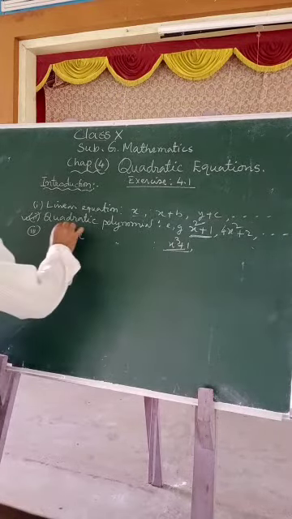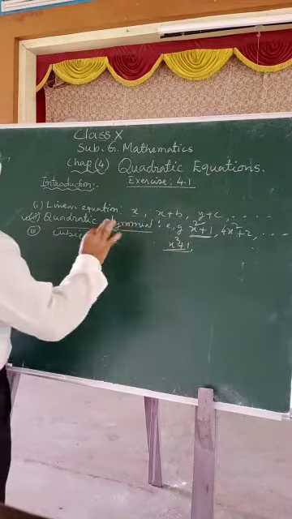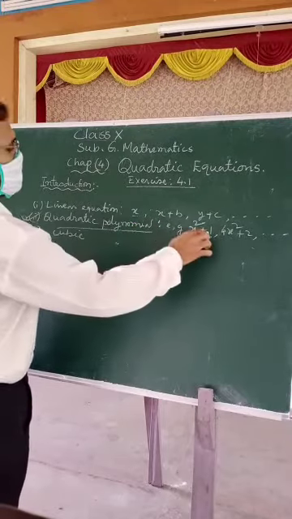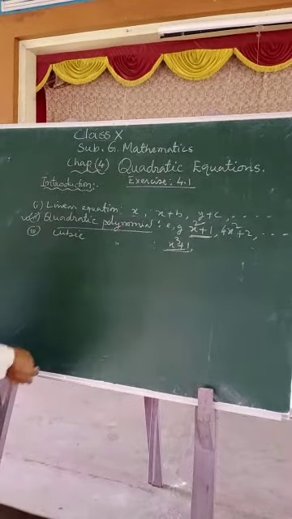Now quadratic equation. When we equate this polynomial to 0, it is called a quadratic equation.